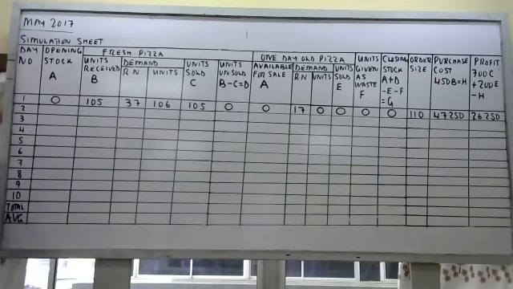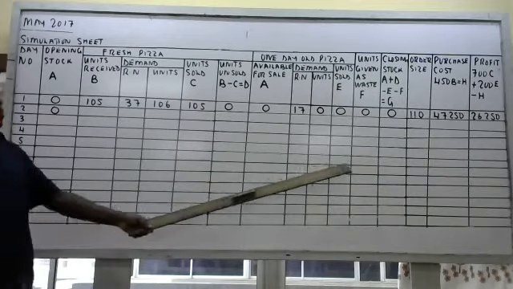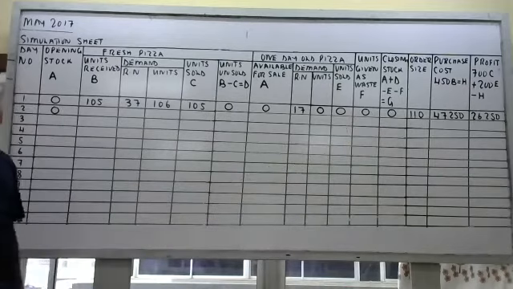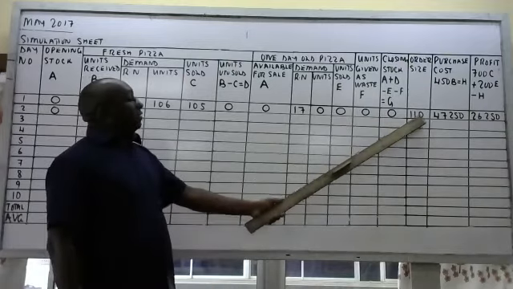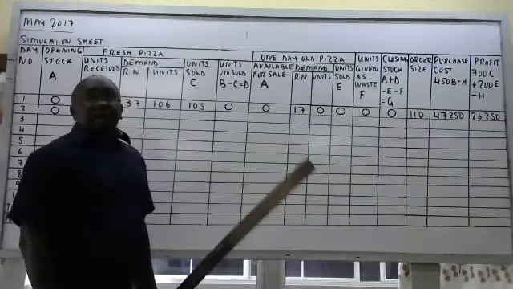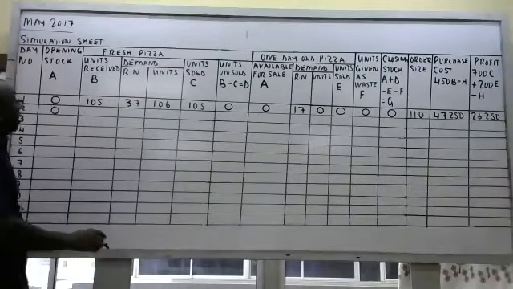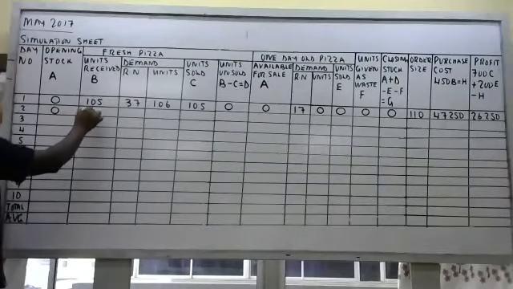We now go to day number 2. The opening stock is what? 0, because our closing here was 0. But yesterday we placed another order, and that is the one we are receiving today, 110.